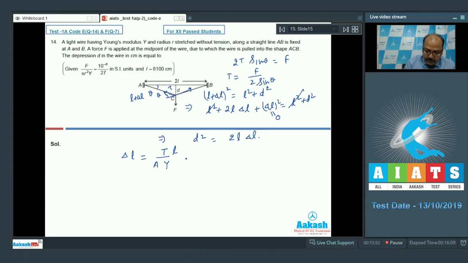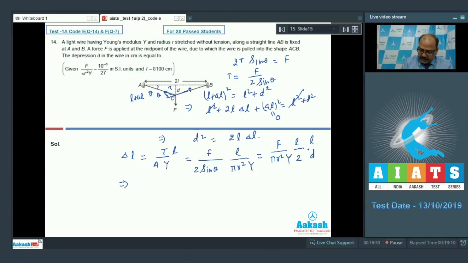Which can further be put as F by 2 sine theta into L by pi r square into Y. Sine theta can be written as D upon L plus delta L, but then delta L can be neglected here at this place.